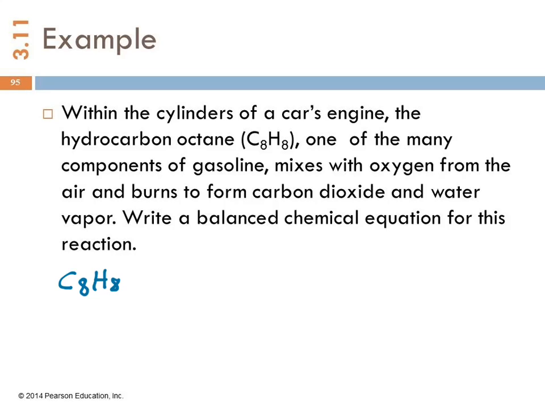So, in the cylinder of your car, this hydrocarbon octane, what do you think its state is? Okay, we'll put liquid. We could argue either liquid or gas. So it mixes with oxygen from the air. What's the formula for oxygen? O2.